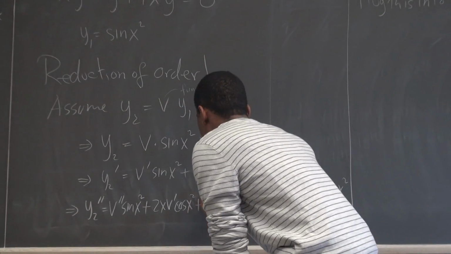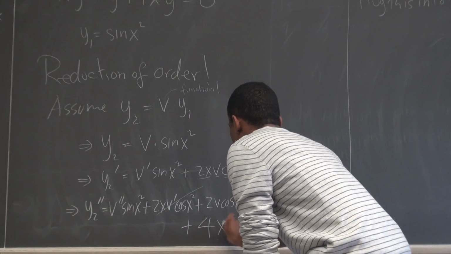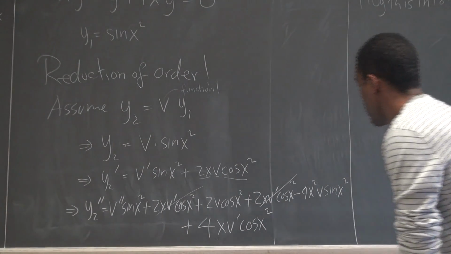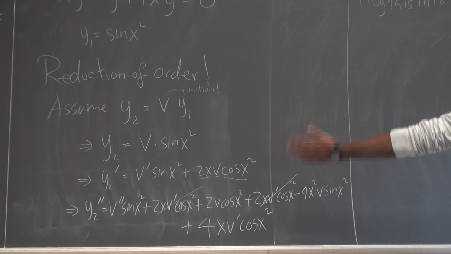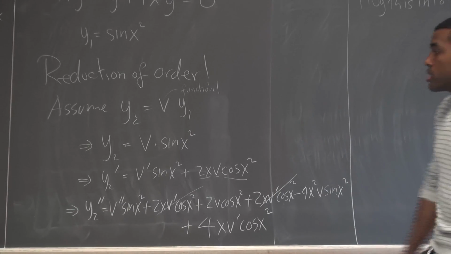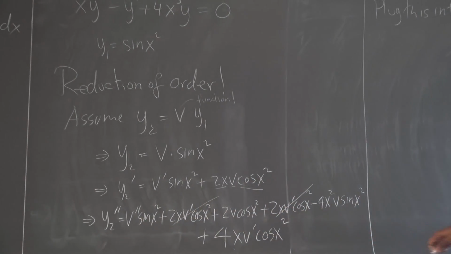Yeah, so instead of writing these, I'll just write plus 4x v prime cosine x squared. Can I simplify anything? Do we benefit from factoring out something at all? Potentially? No, not really. Just combining stuff so we have less stuff to write down. That's usually the best. So we have x times the y double prime, so we're going to take all of this and multiply it by x.